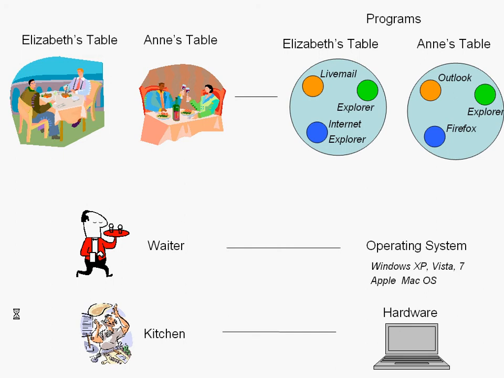So we can see now, this is really the analogy of what's going on with computers. Elizabeth might be focused on her Live Mail meal. This is America, we like to eat a lot, so she's got multiple meals on her table.